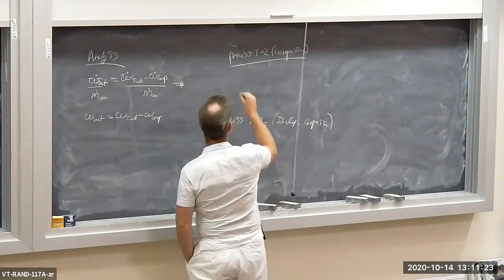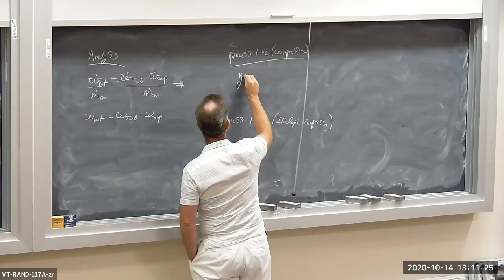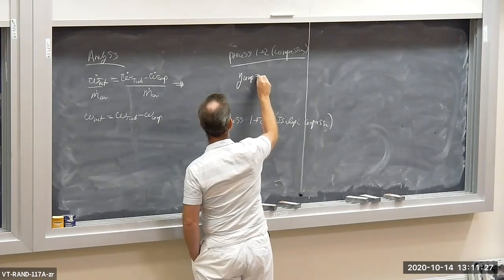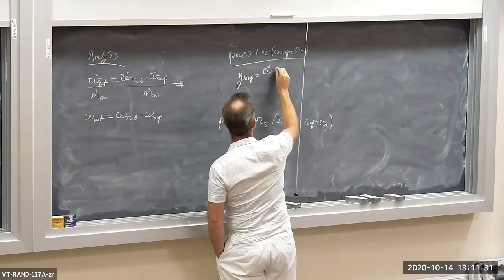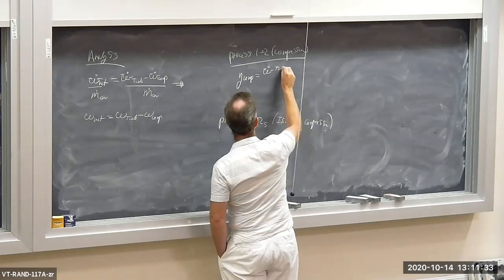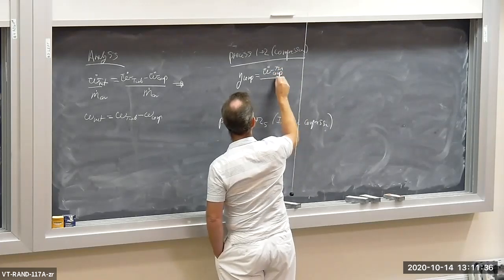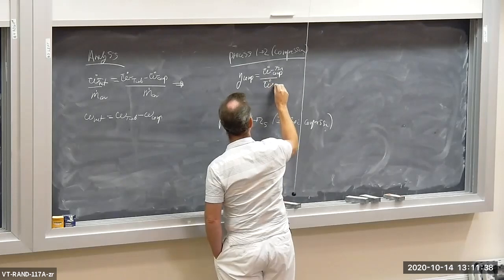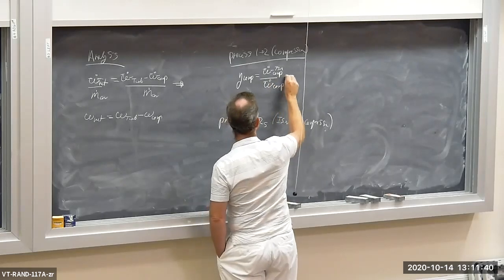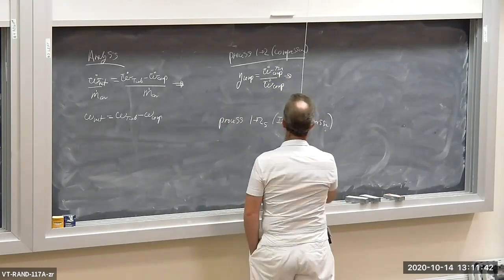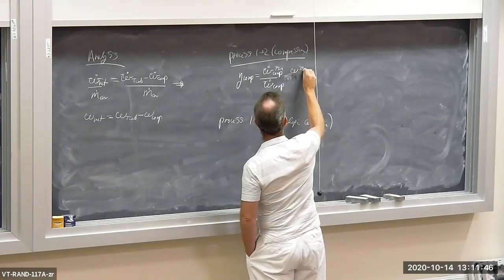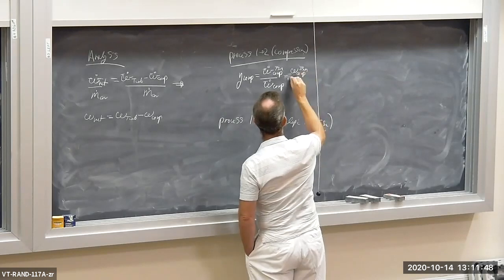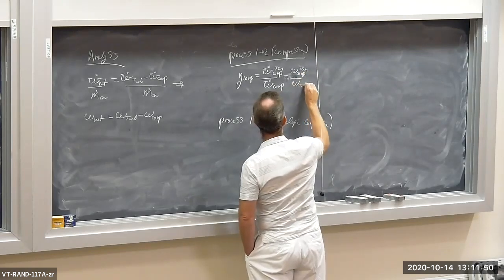The definition of isentropic efficiency of a compressor is W dot of the isentropic compressor divided by W dot for the actual compressor. Of course, I can divide this by mass flow rate and I get W isentropic compressor divided by W compressor.